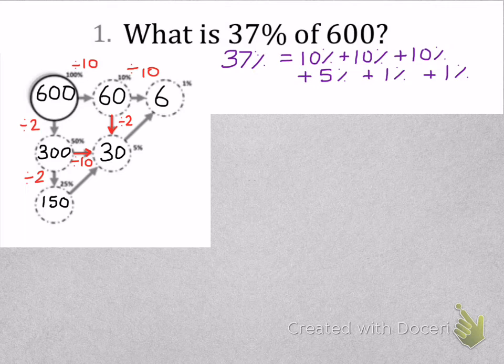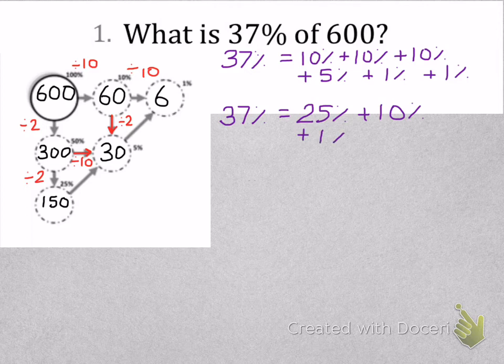I can do it another way too. Let me just show you that so you can see that there isn't one way of doing things. This time I'm going to start with 25%, and then I'm going to add 10% to that, and now I've got 35%. Add my little ones.